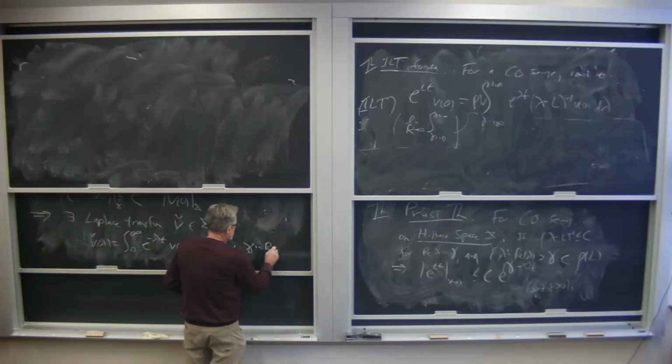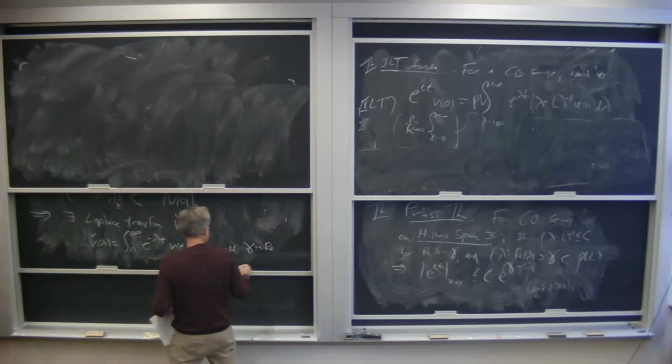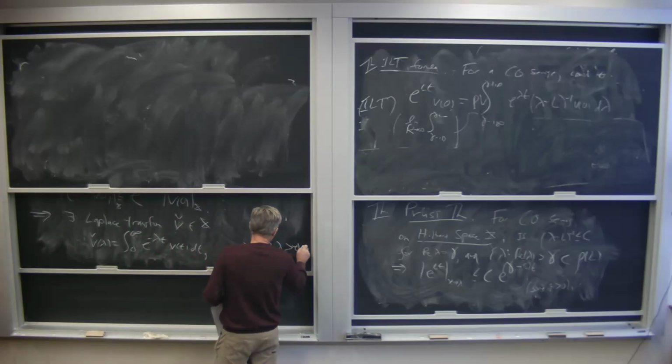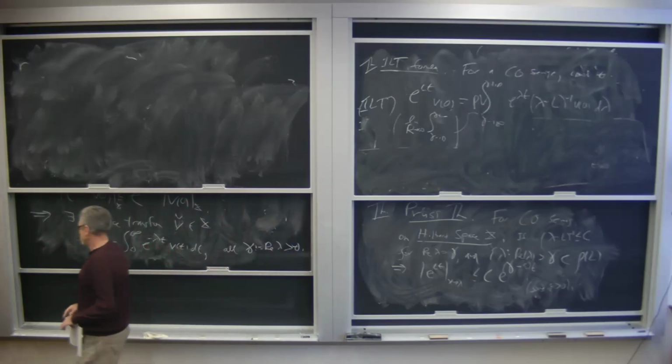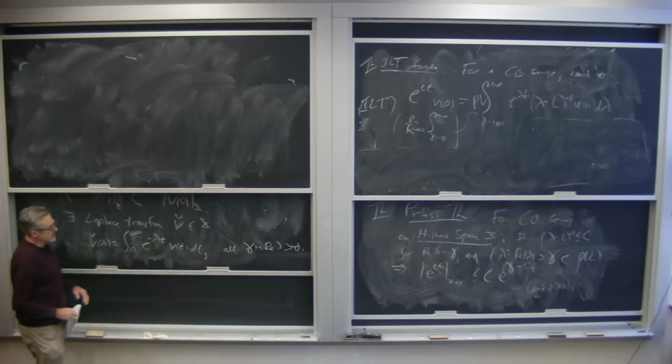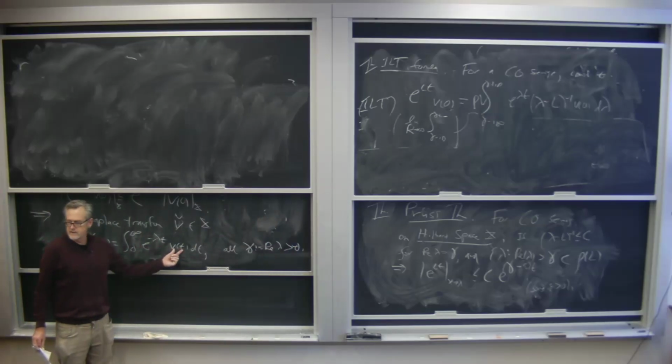This is for any lambda with gamma, the real part of lambda, greater than theta. That's what we need to make this converge. Because then we know that v is growing no faster than e to the theta t, and this is decaying like e to the minus gamma t. So this exponential decay beats that exponential growth.